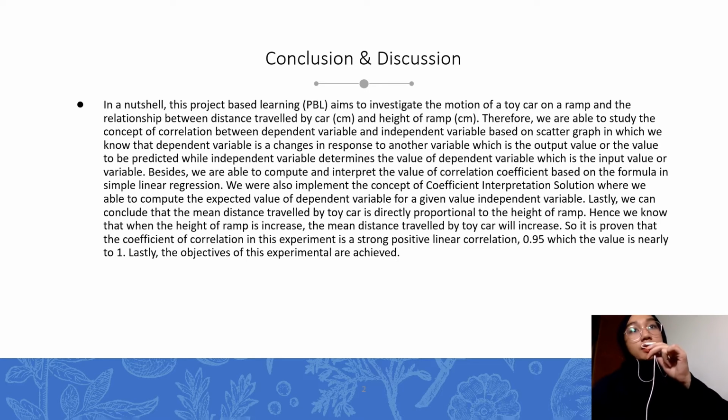So in a nutshell, this PBL aims to investigate the motion of a toy car on a ramp and the relationship between distance traveled by car and height of ramp.